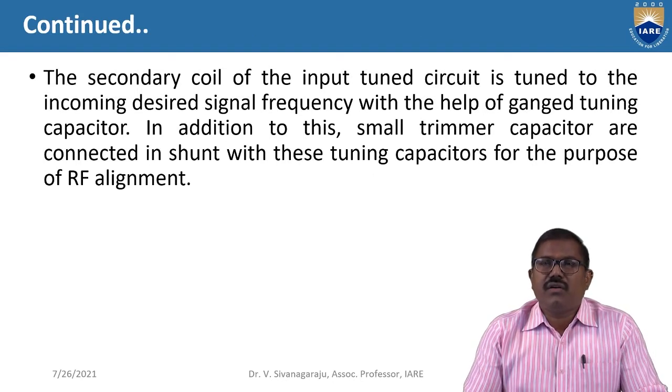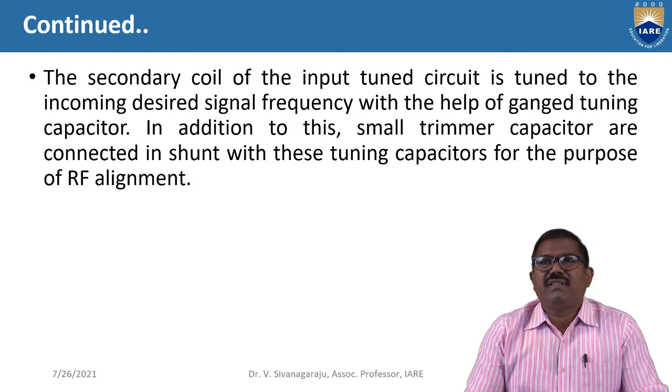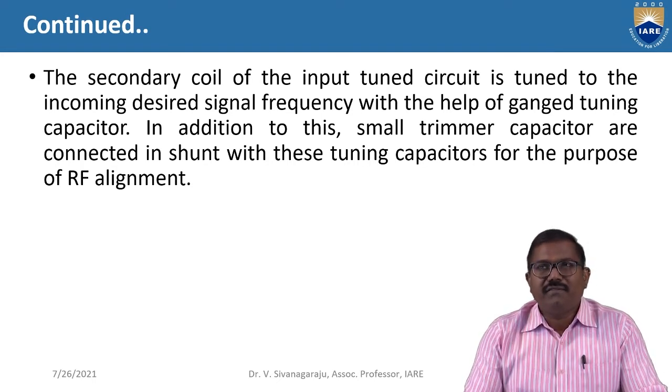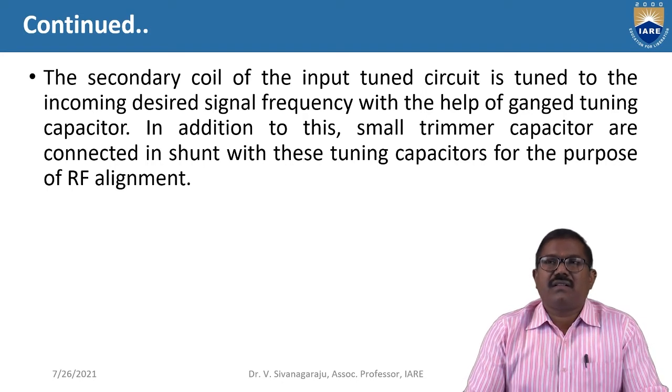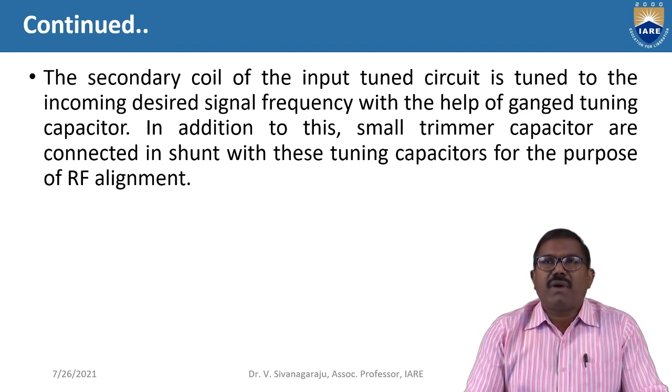And the secondary coil of the input tune circuit is tuned to the incoming desired signal frequency with the help of a ganged tuning capacitor. Already you discussed what ganging is. It is nothing but a mechanical coupling.